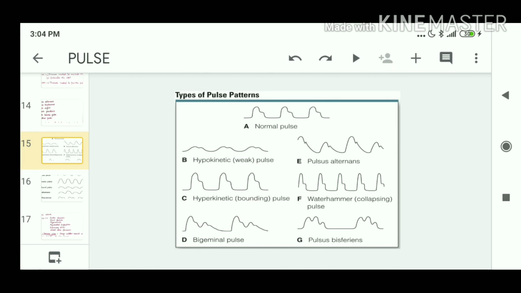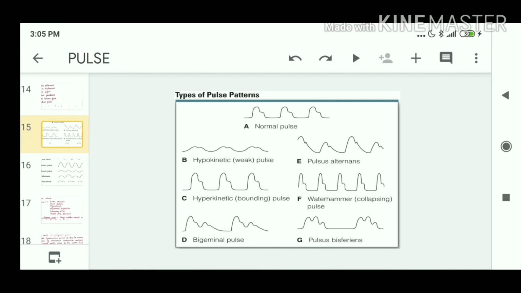So keenly observe it: in the normal pulse, the waves are going, and in B, hypokinetic weak pulse, C, hyperkinetic bounding pulse, D, bigeminal pulse, E, pulsus alternans, F, water hammer pulse, which is the collapsing pulse, and G, pulsus bisferiens. So all of them have differences in the pattern.